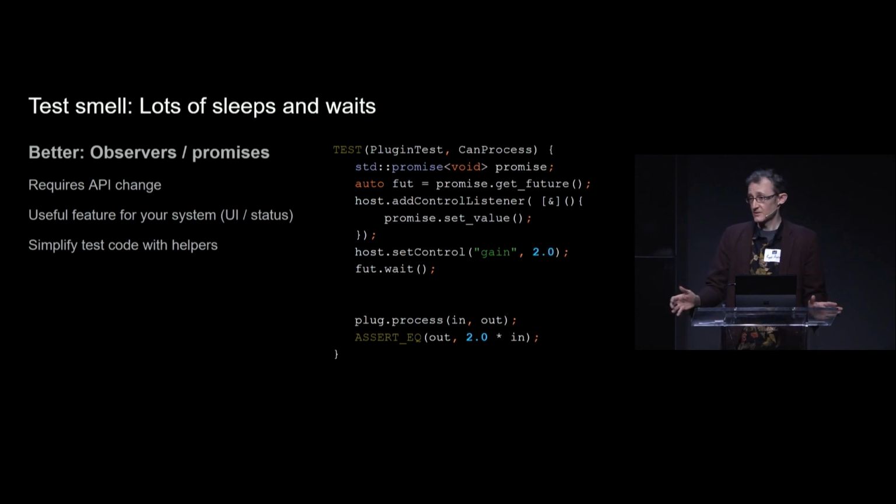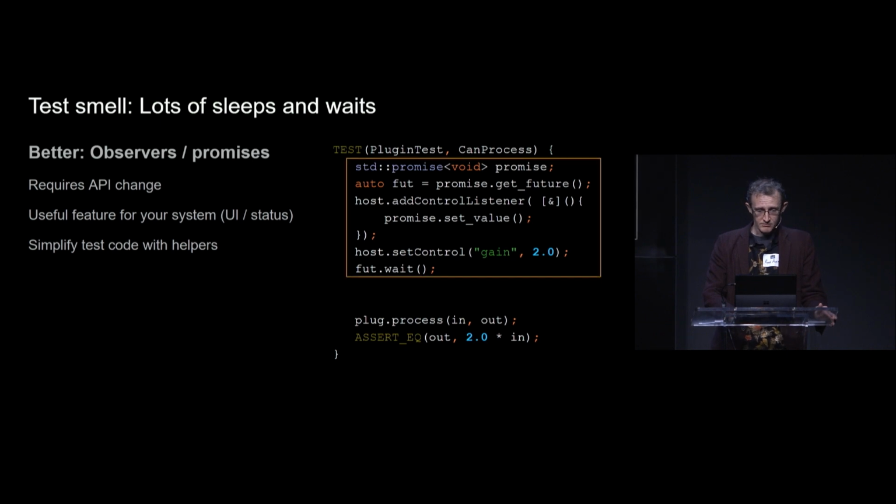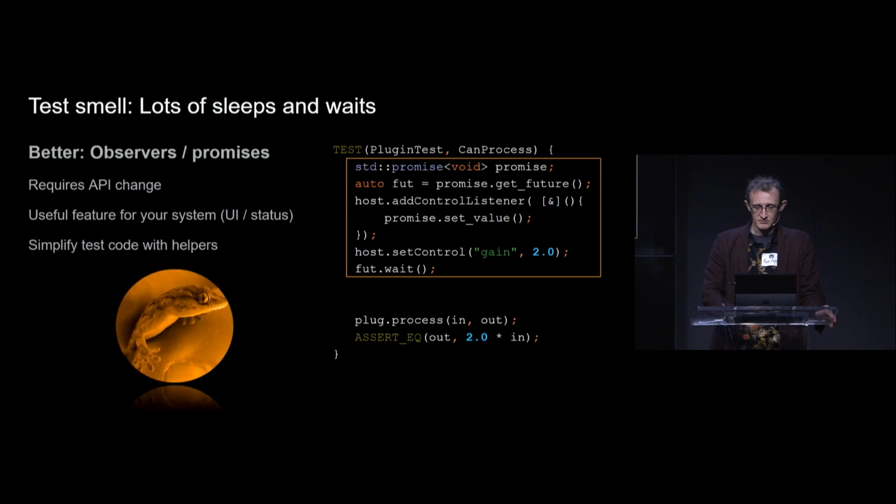Now, this does sometimes require production API changes, but I would argue that this is good. We want to be able to observe and listen to our production code. So this is a good change. It's something we might want in the future for UI or whatever. Yeah, there's our promise, there's our future, our waiting. It's still a dragon, but it's a cute, manageable dragon. Getting better there.